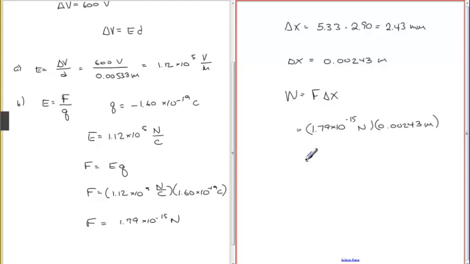And so the work is going to be equal to 4.35 times 10 to the minus 15th newton meters. And a newton meter is a joule.